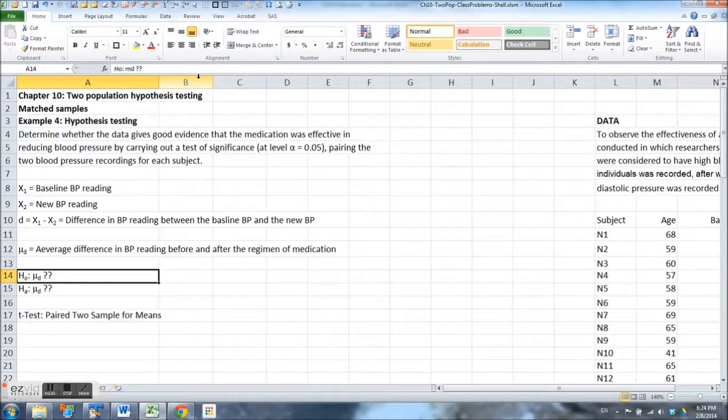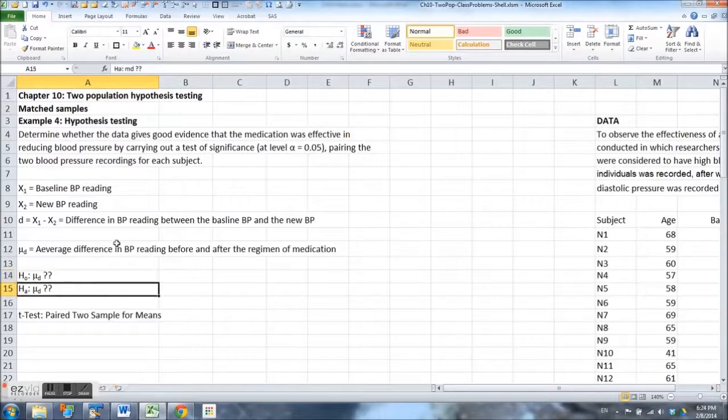We want to see whether the medication is helpful. So if the medication is helpful, the new blood pressure reading should be smaller than the baseline blood pressure reading. So in other words, mu sub D must be greater. Mu sub D measures the amount of reduction in blood pressure that is achieved.